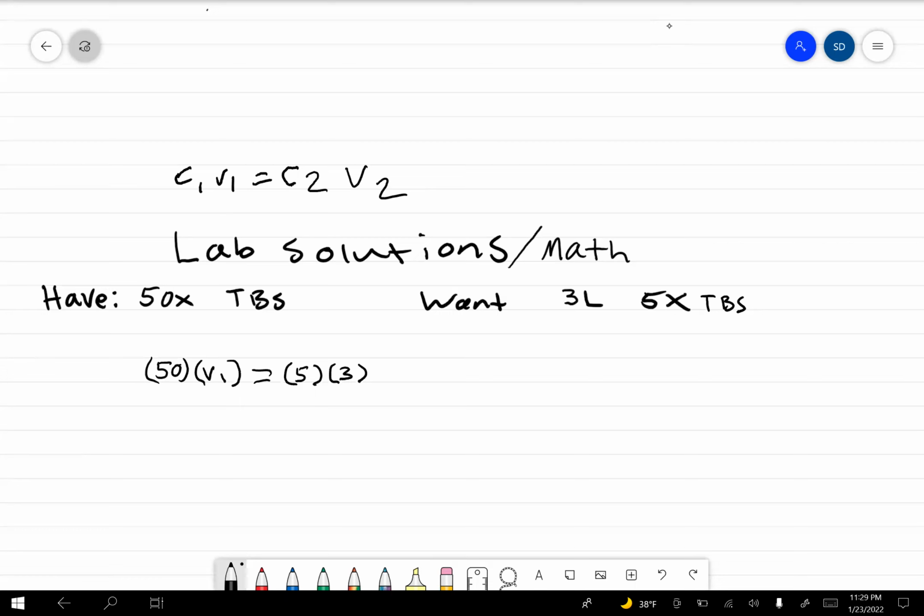So at this point, it becomes simple algebra, and we're using the equation in order to find volume 1. And we'll get 0.3 liters.